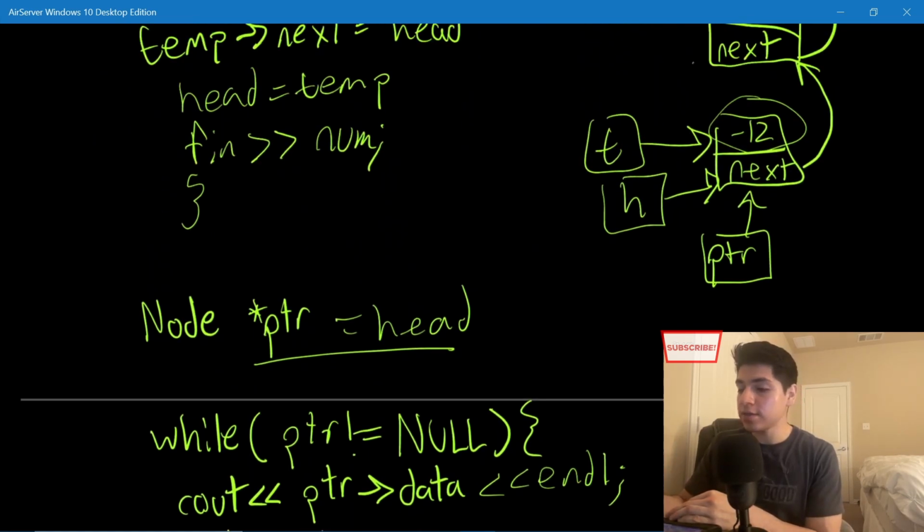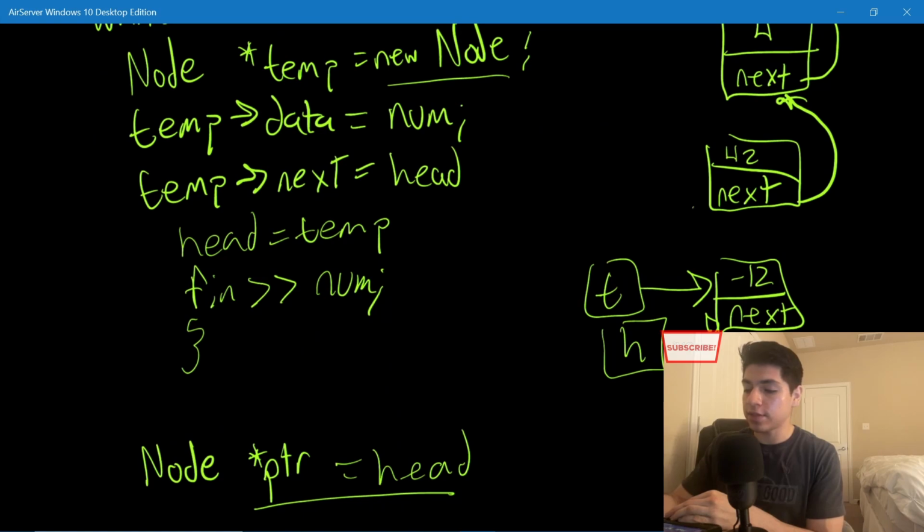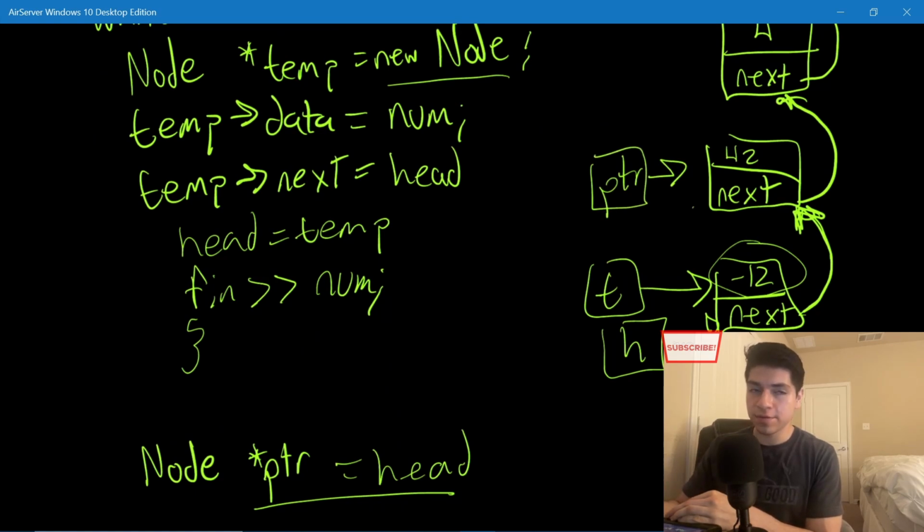What this basically does is now after it's printed out the current data of our pointer, it's going to go, okay, so now ptr is going to be equal to whatever the current pointer's next is equal to. And so now ptr is going to be equal to the next node, okay?